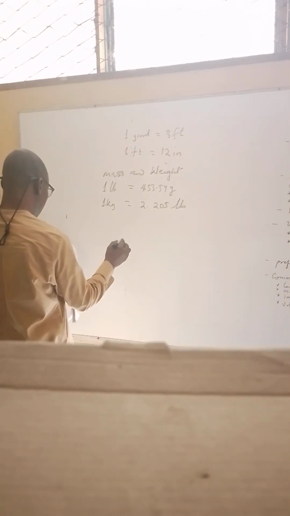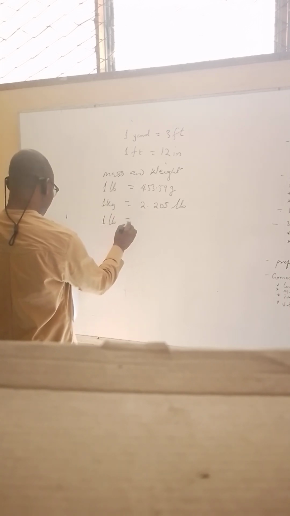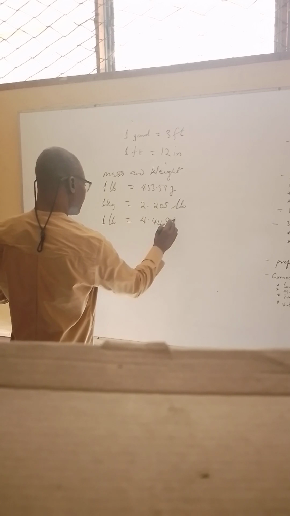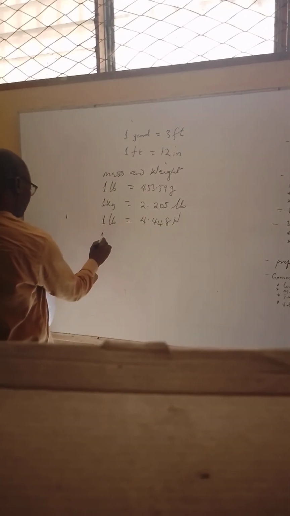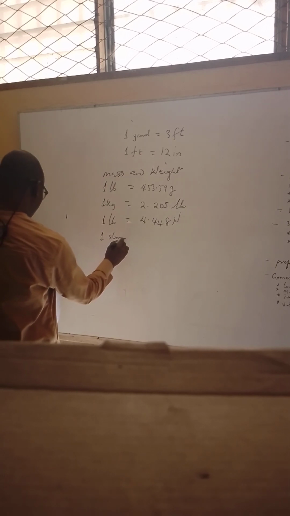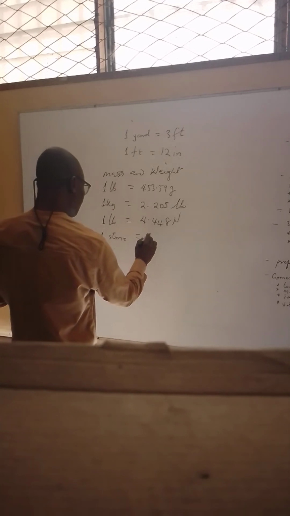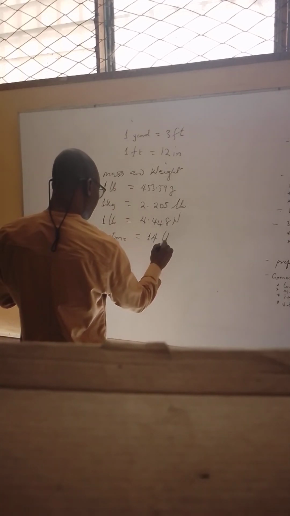And then 1 pound is equal to 4.448 Newton. And then 1 stone is equal to 14 pounds.